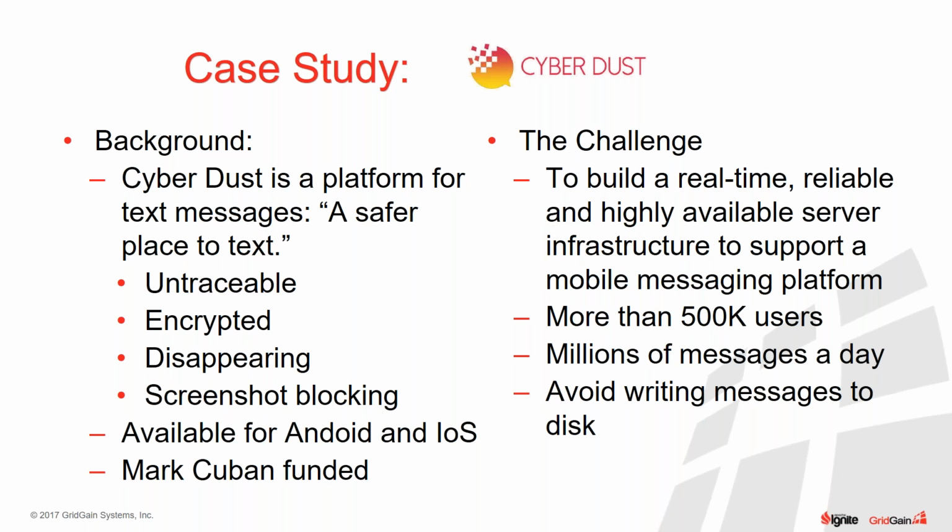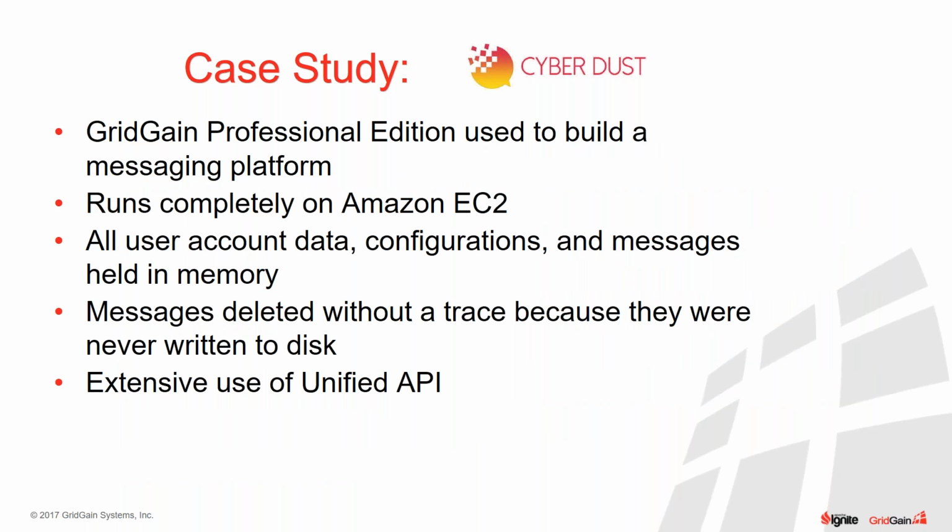And here's actually a benefit of doing all of this in memory, which is that if you're developing a system where the messages disappear, then what better way to do that than to never write it to disk to begin with? So CyberDust used GridGain Professional Edition to build their messaging platform.